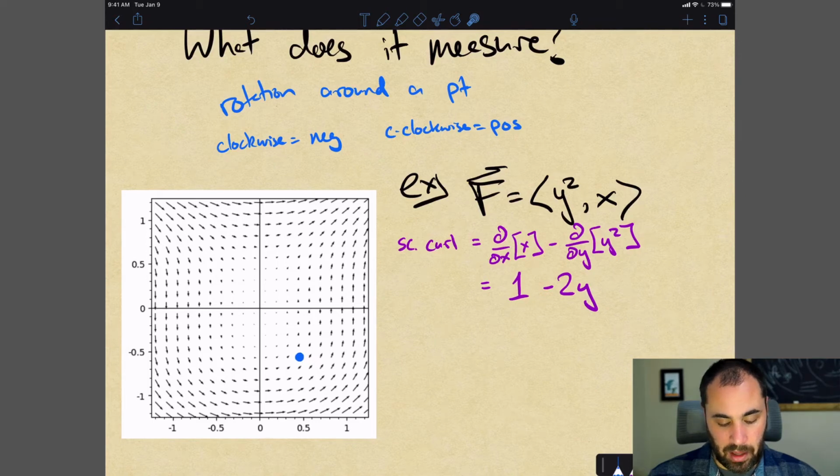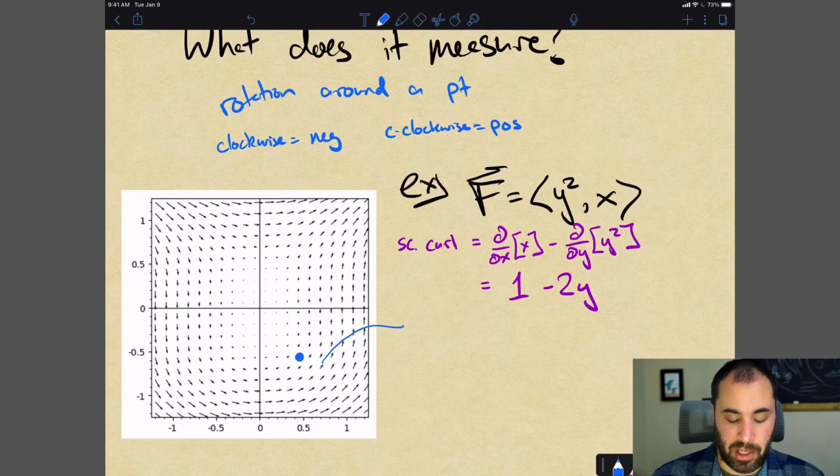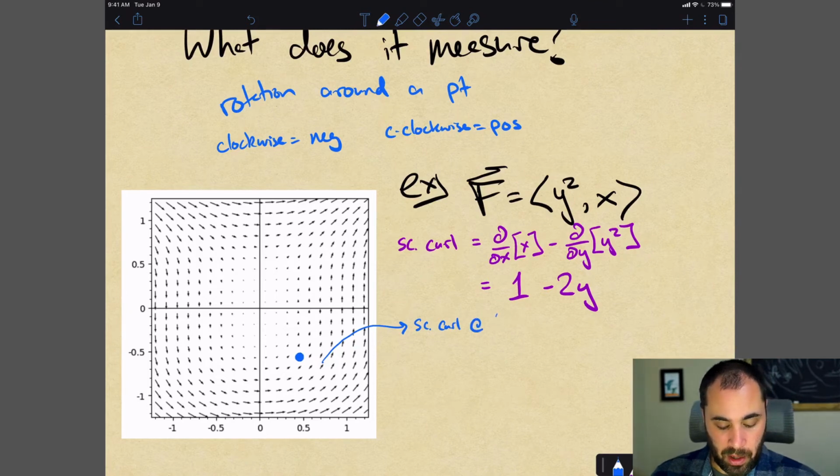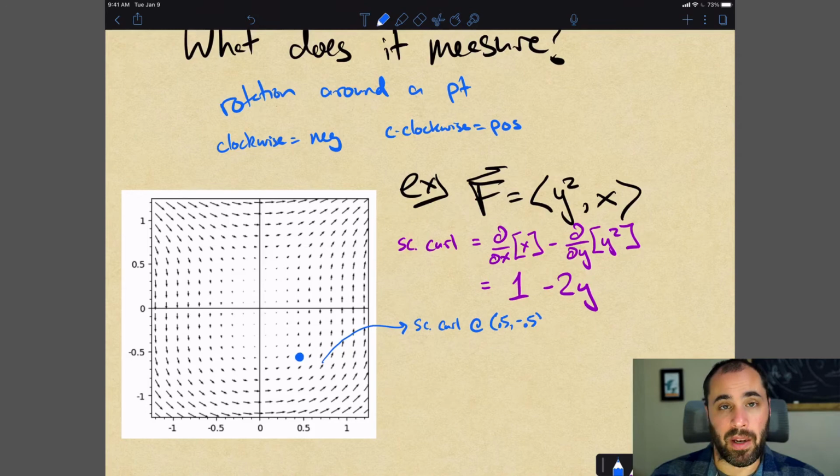So let's look at this point. I'll draw in blue here, 1/2, minus 1/2. And hopefully you can see that the vector field around this point would cause a counterclockwise rotation. You can see the way it's shaped. We can see that the arrows below it that are pointing to the right are longer than the arrows above it that are pointing up.